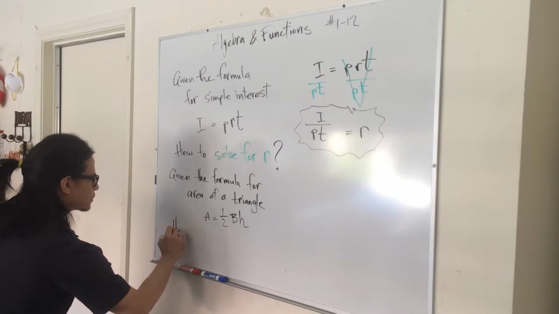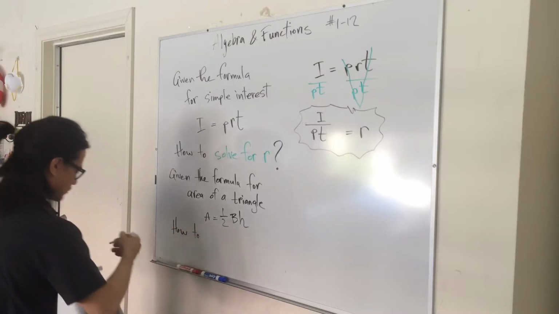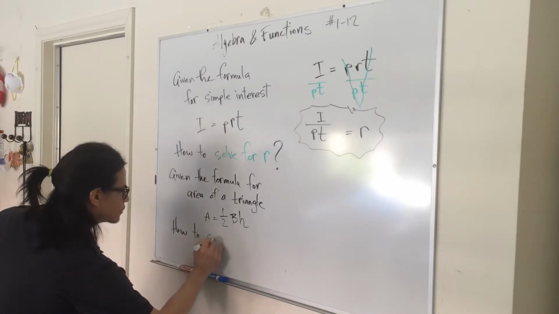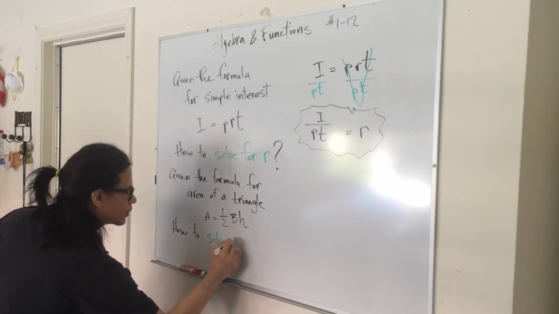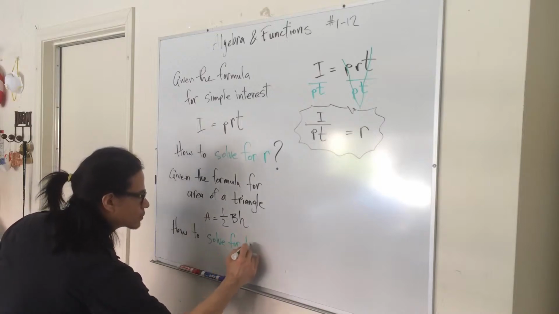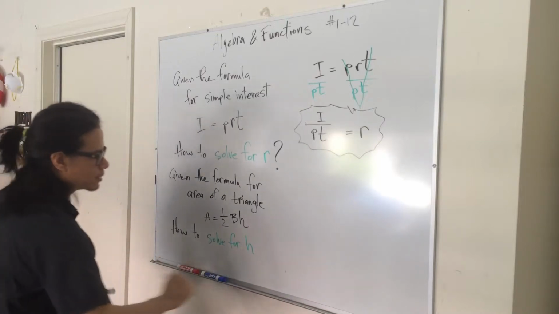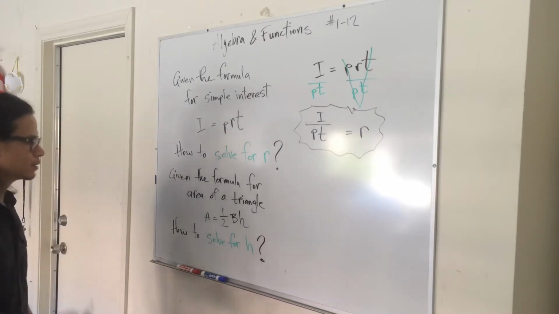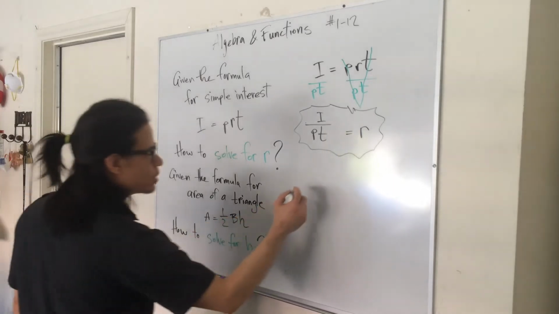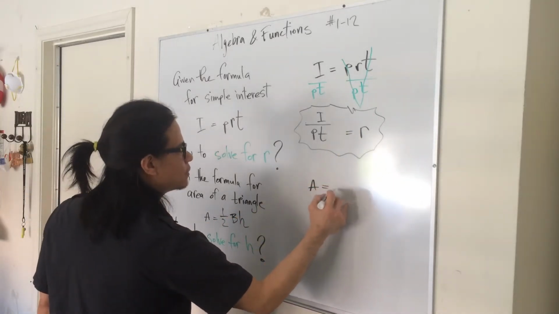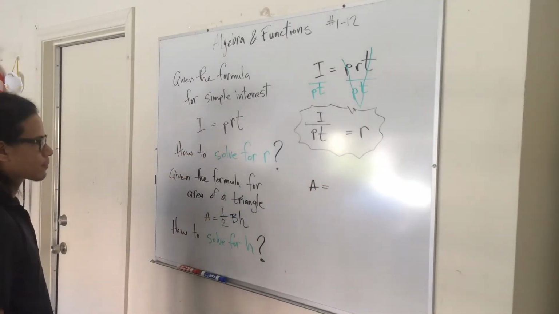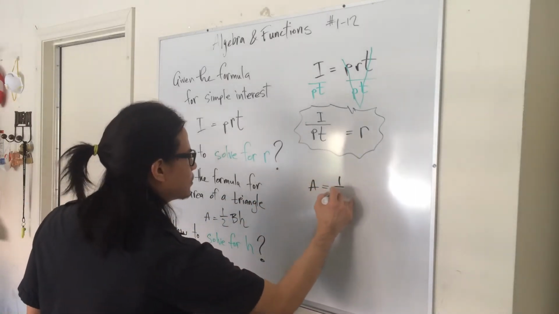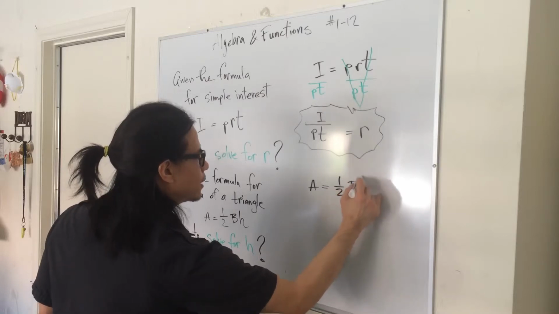And the question is how to, let's say, solve for h. Solve for h. Let's say the base doesn't matter to us. The area doesn't matter. We want to find out exactly what the height is. Okay, so again, given the formula for area of a triangle, area equals 1/2 of the base times height.